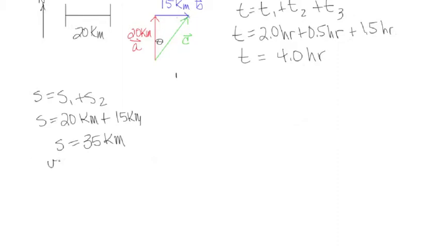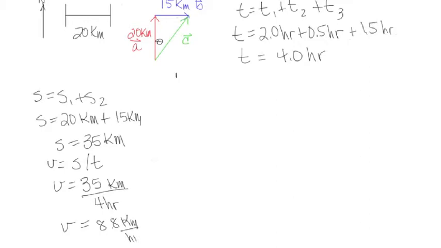Our speed is nothing more than our distance divided by the time, and we get a speed of 8.8 kilometers per hour. Now notice that's not saying that every instant he is walking 8.8 kilometers per hour, because he does have a rest period in there.